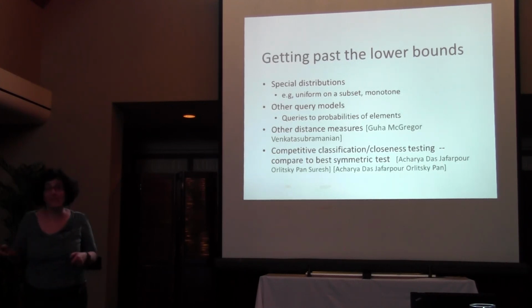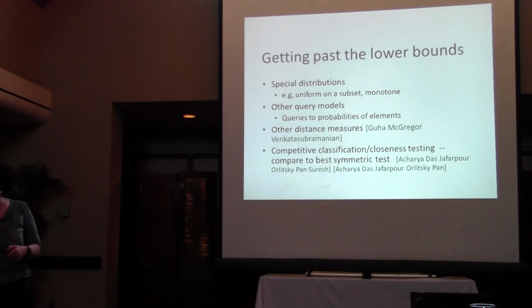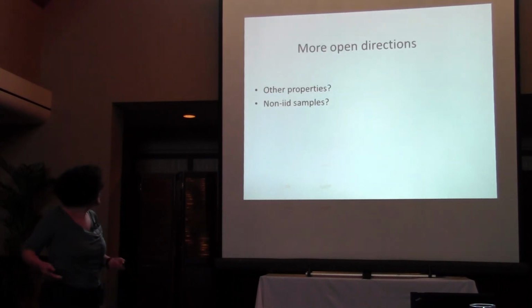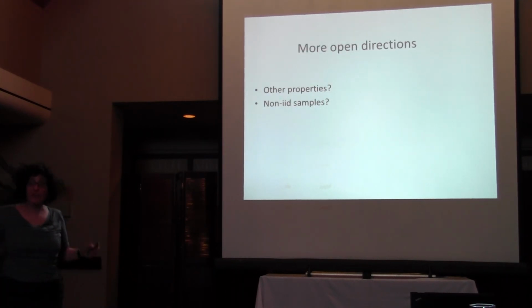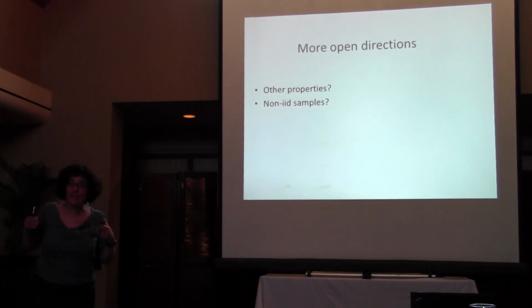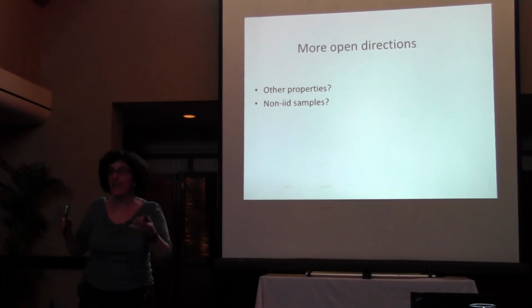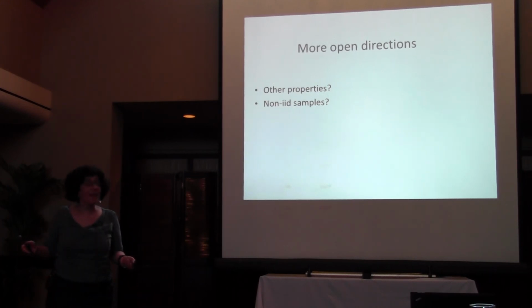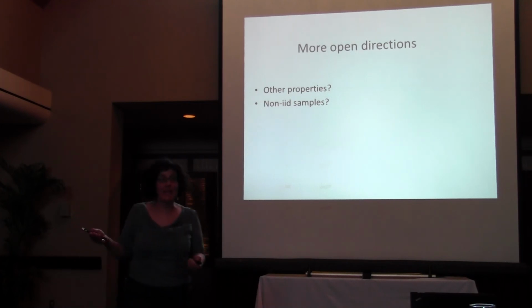Competitive classification and closeness testing is something that people looked at, saying, okay, in general the problem is hard, but maybe for these classes of distributions you can do better. Trying to find special cases where we can do better is an area of active research. But also, what about other properties to look at? And what happens when you can't even assume the samples are IID?